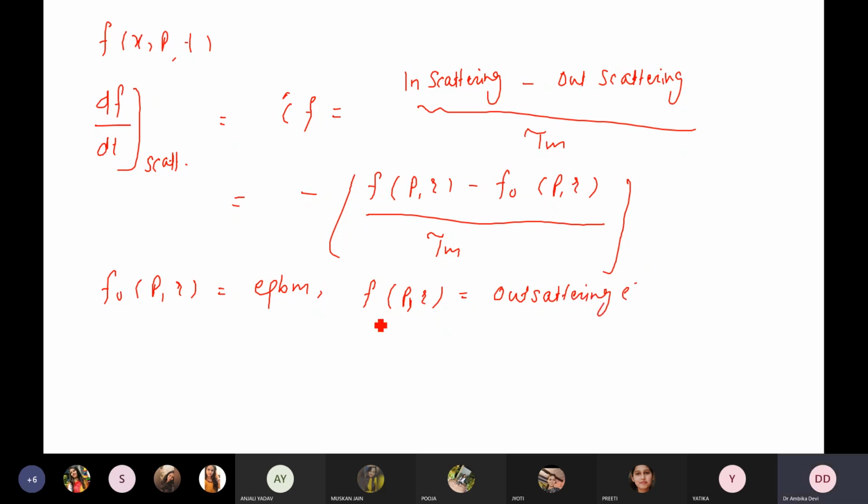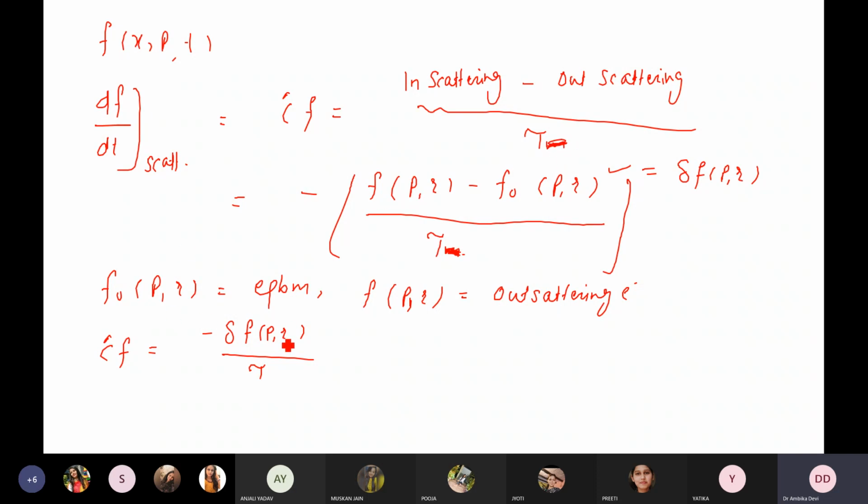and the second term f(t, r) is the out scattering electrons. So if we denote this numerator difference by delta f(t, r), then the rate of change of f with respect to t, or you can say c f, is given by minus delta f(t, r) divided by tau. I have used this relaxation time as tau, so m is not required over here. Don't write it as m.